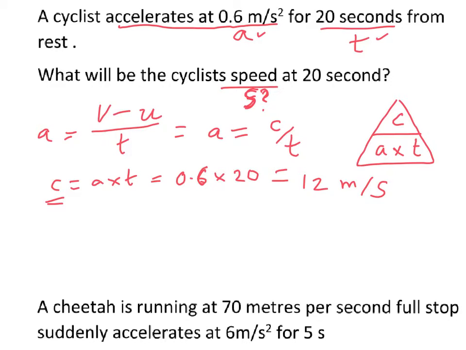Now you need to know the initial speed, and because it says rest, the initial speed u equals 0. So if you want to use the formula, go ahead and use it. You can get the same answer. What you got is the change in speed. Now add that to the original speed, you get the new speed. So in this case it's the same because your original speed is 0.